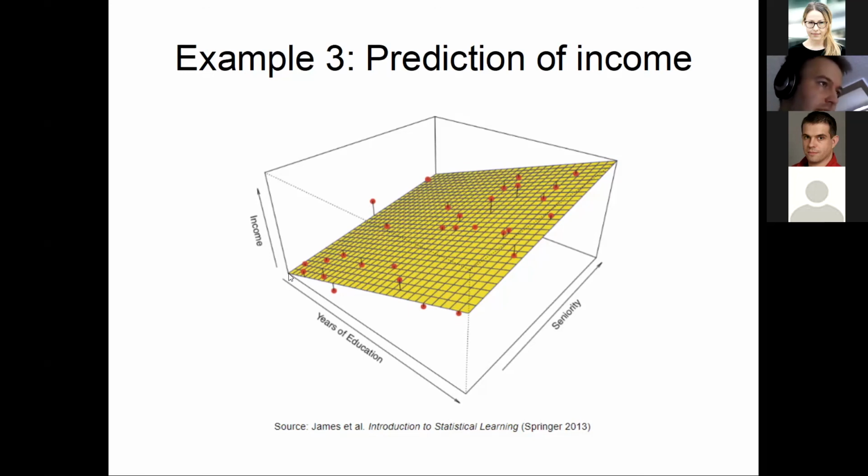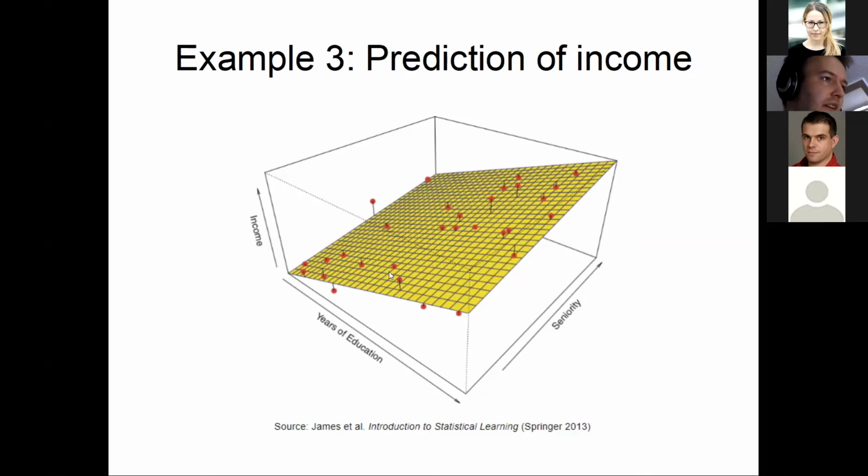So again, I think this is interesting for some people. Let's just go down. Okay, now this axis doesn't have numbers, but let's just assume here would be, let's say, 20 years of education, and your level of seniority is, I don't know, 3 years. Then we go here, and then we have to go up to the plane.